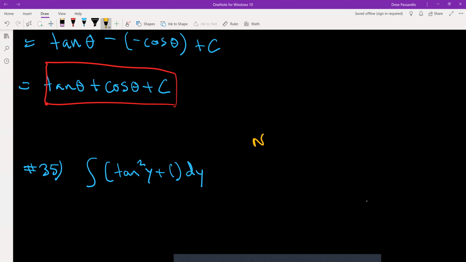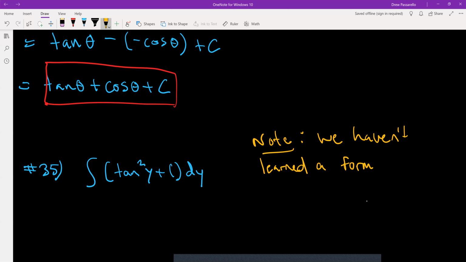So note, we haven't learned a formula for integrating tangent squared.